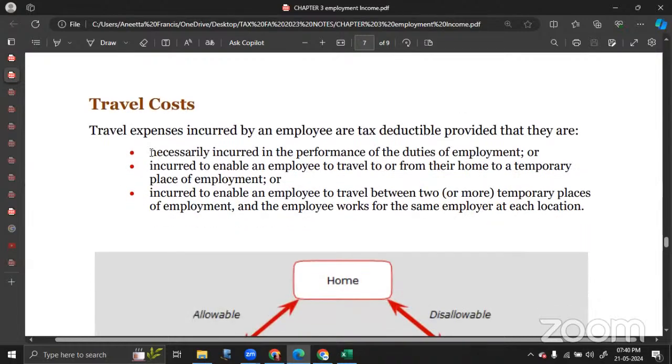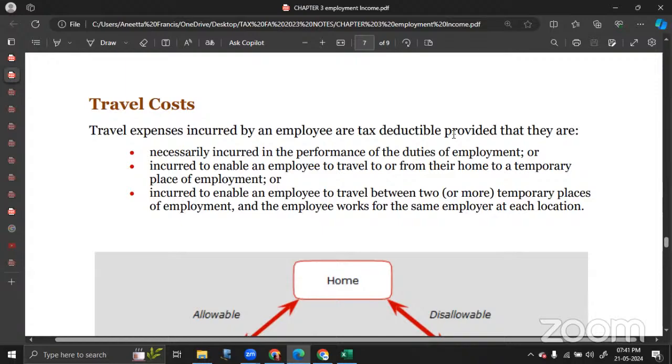So the rule is travel expenses incurred by the employee. Let's say Aneetta, for example, is an employee. Travel expenses incurred by Aneetta are tax deductible. Let's assume a situation where there is no reimbursement. Aneetta spent £100 traveling from her home to her permanent workplace on a daily basis.